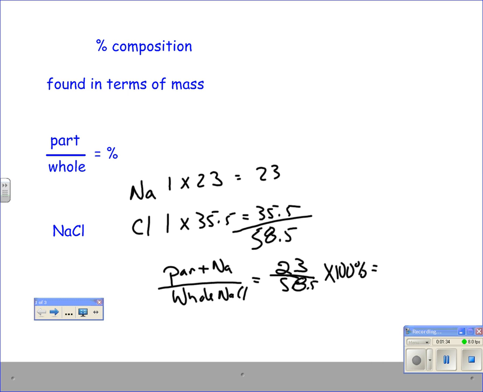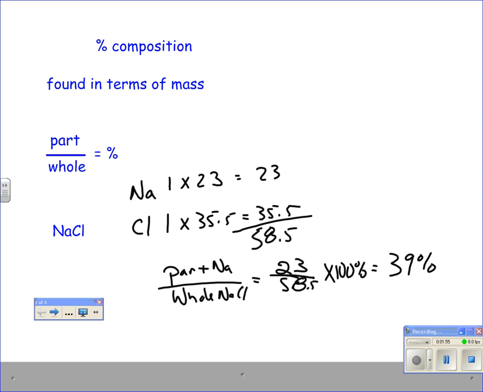So if we were to divide that out, 23 divided by 58.5 is about 39%.